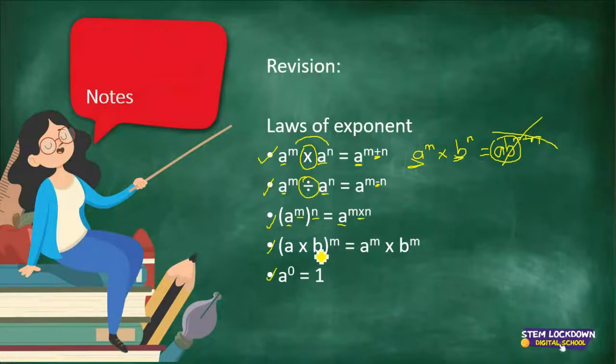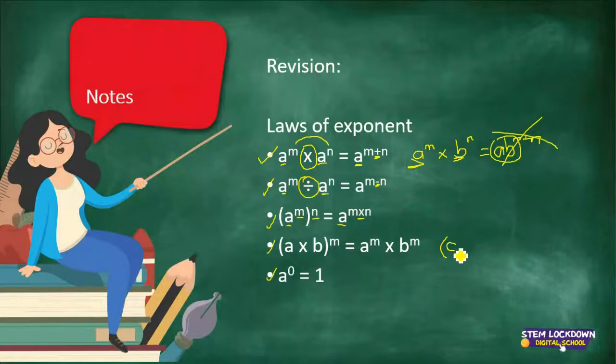And if you have two terms like a times b, all to the power m, this is the same as saying a to the power m times b to the power m. Don't fall into this trap.